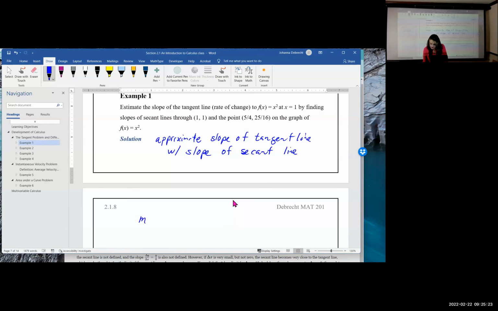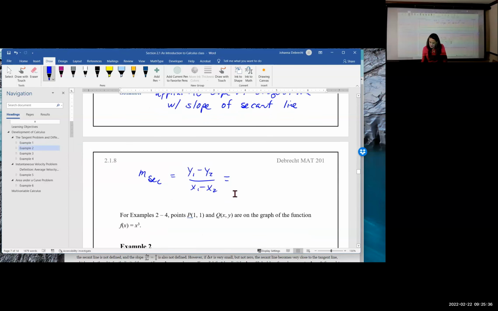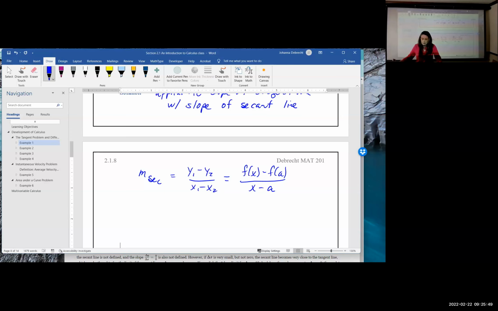All right, so we're going to take the secant, and remember that this is basically y1 minus y2 over x1 minus x2. This is just your old slope formula, right? It's also written as f of x minus f of a over x minus a. So let's put the points back up here.